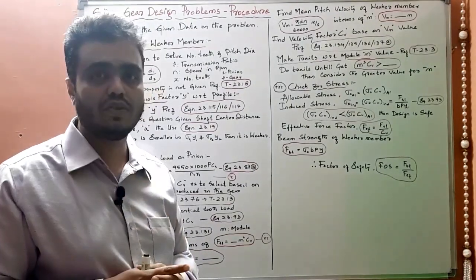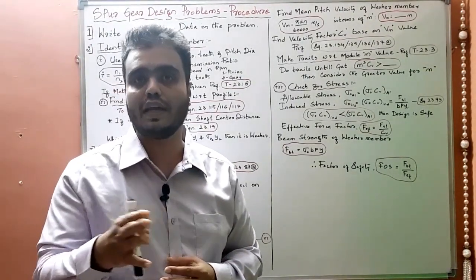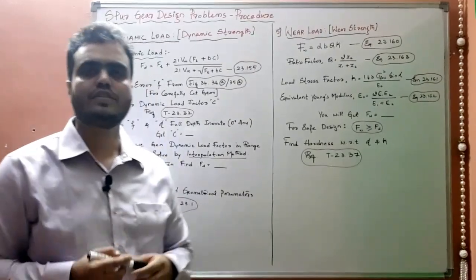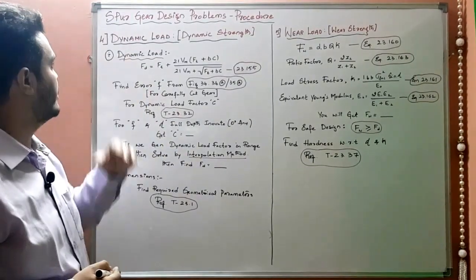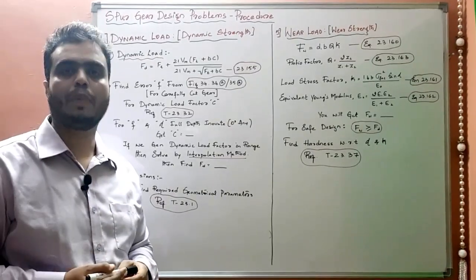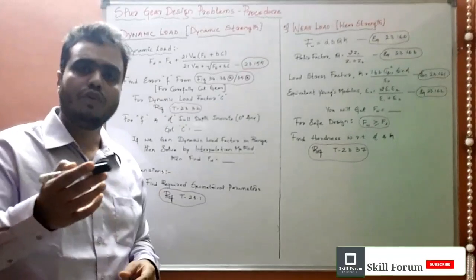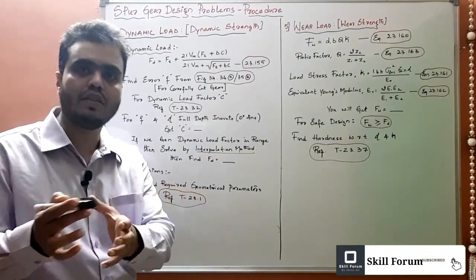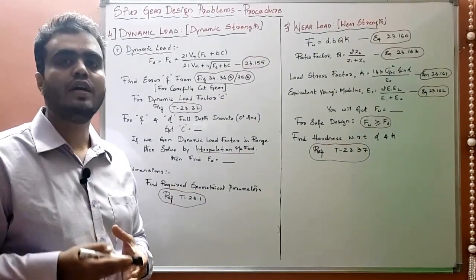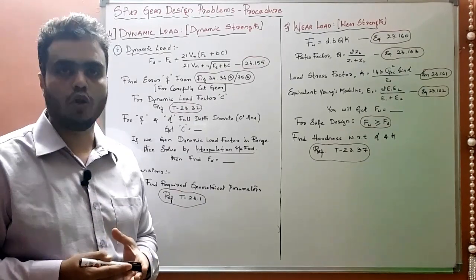See, factor of safety is a very important factor while designing any component. Next we will see the third major parameter to design a spur gear, that is dynamic load. We need to identify the dynamic strength of the spur gear by finding out the dynamic load, okay?